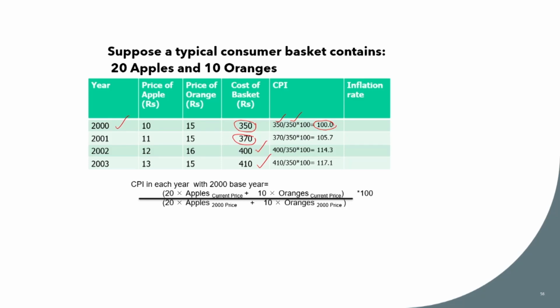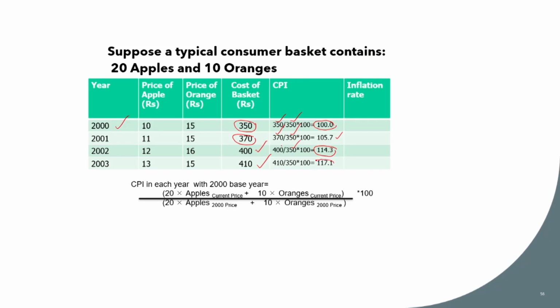In the subsequent year, the cost of the basket in 2001 divided by the cost of the basket in the year 2000, you are going to get 105.7. The cost of buying the basket in 2002 is 400, and the cost of the basket in 2000 is 350, so you get the CPI for 2002.